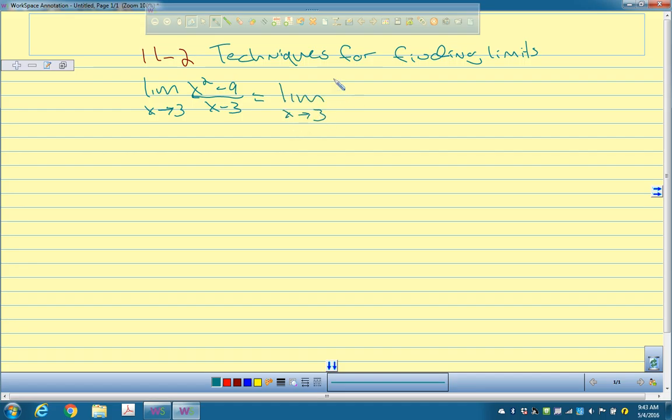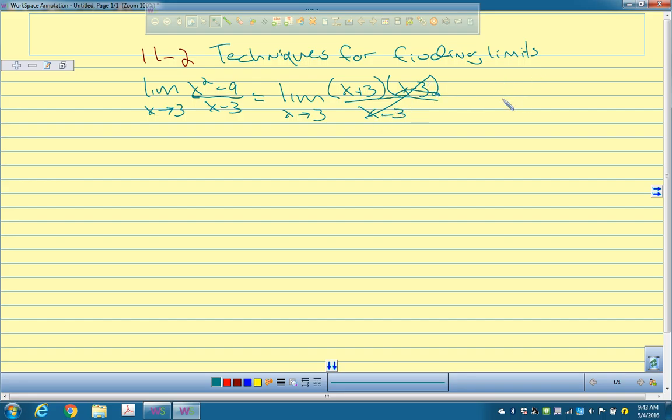What does the top factor to? x plus 3 times x minus 3. And then you are allowed to cancel out this x minus 3. Now, in the past, you might have an asymptote there, but actually you have a hole in the graph at x equals 3.